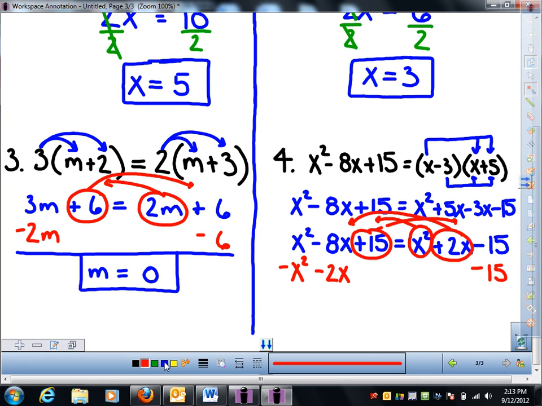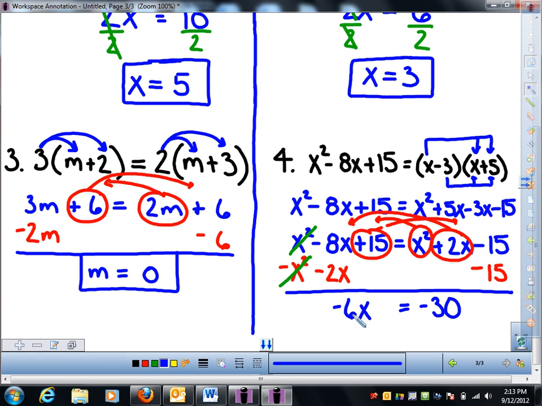And now when I combine all of these, I do my like terms, watch what happens. On the right-hand side, I get a negative 30. Negative 15 plus a negative 15 is a negative 30. But look what happens to my x's. My x squareds are going to cancel out. I got a positive 1 with a negative 1. That becomes 0x squared, so they're gone. When I combine my other like terms, I get a negative 8x and a negative 2x is a negative 6x.